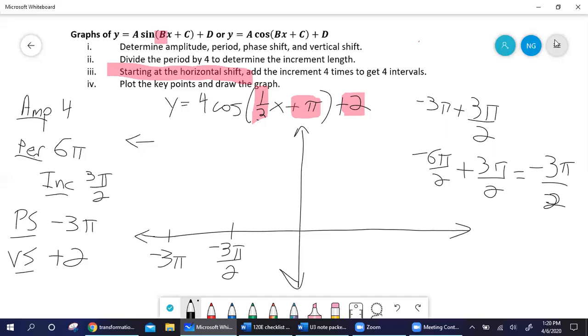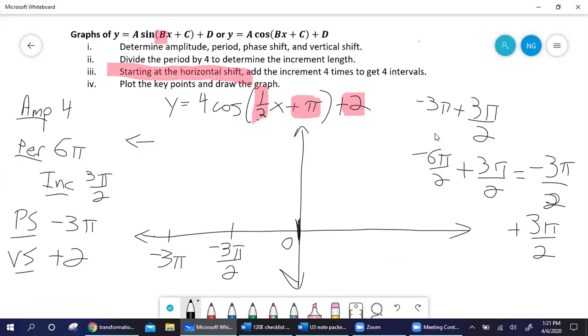If I take that and I add the increment again, 3 pi over 2, that would put me at 0. So 0 is actually going to be one of my increments this time. I'll put that 0 off to the side here, just because I know I'll need stuff on the y-axis.